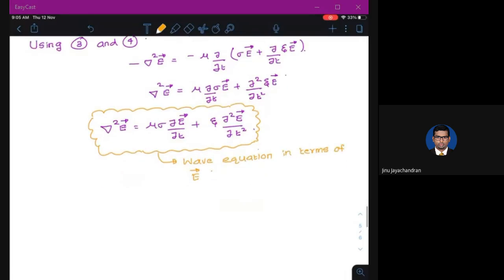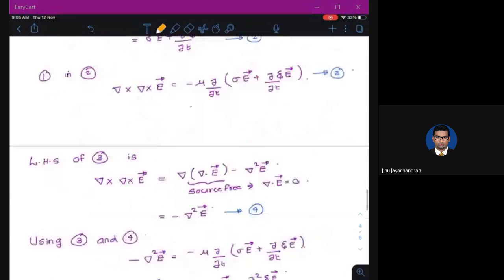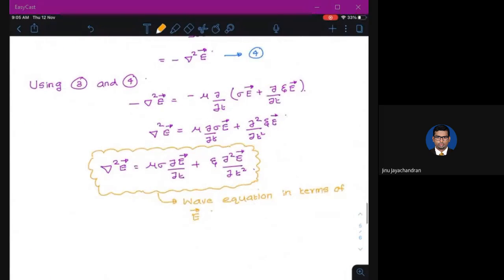Now, if you do in a similar manner, so we have started here with del cross E. If you have started with del cross H or del dot H or del dot E, then you can do a similar way to derive the equation in terms of magnetic field.